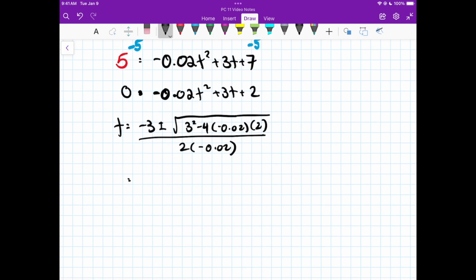So we calculate this now. We have negative 3 plus or minus, and all of that stuff inside the root simplifies to 9.16, and then all of that over negative 0.04.